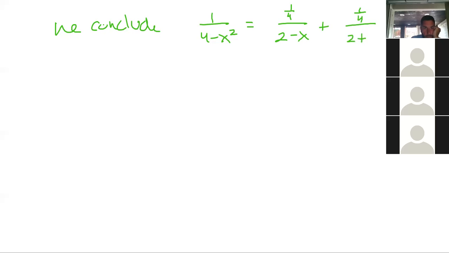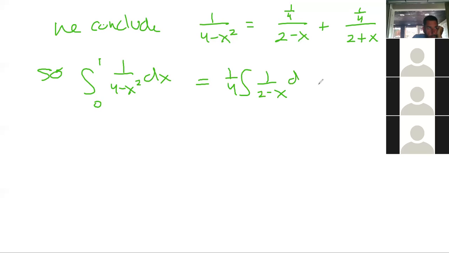Now you can check this for yourself if you want. Does anybody have a question about this? Okay, if that's the case, then the integral we're after, the integral from 0 to 1 of 1/4 minus x squared dx, is 1/4 this integral plus 1/4 this integral.